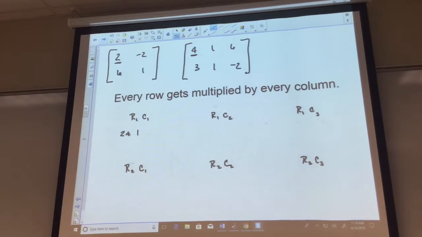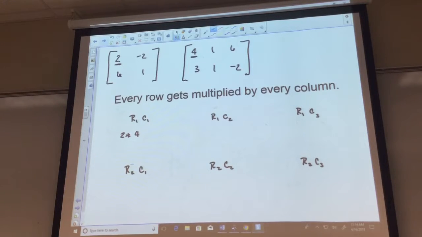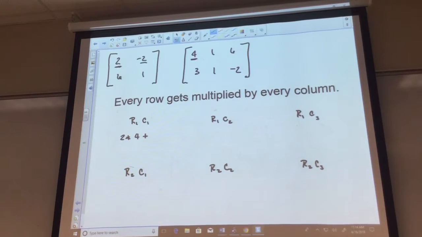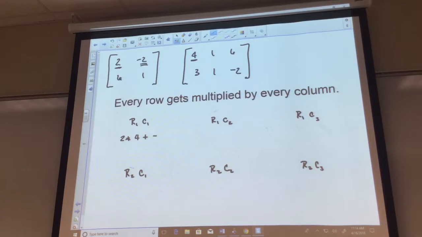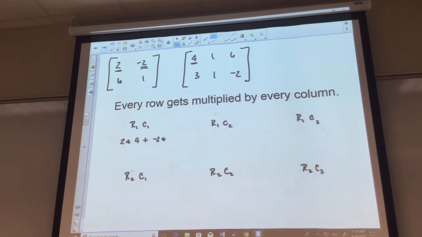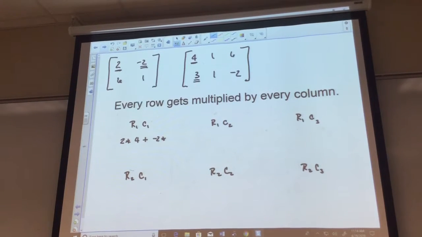So that means that 2 times 4 has to be done. And I'm not done using row 1, so the second element of row 1 needs to be multiplied by the second element of column 1.